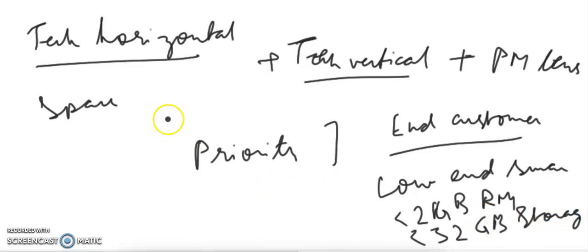What could be the problems here? What are the issues, and what does this customer segment care about?